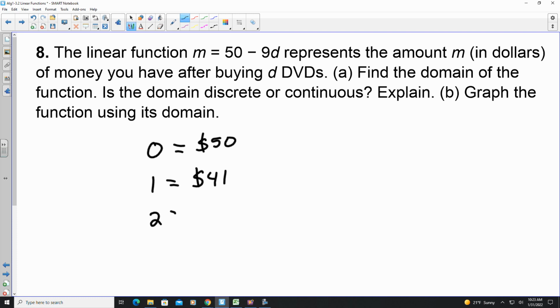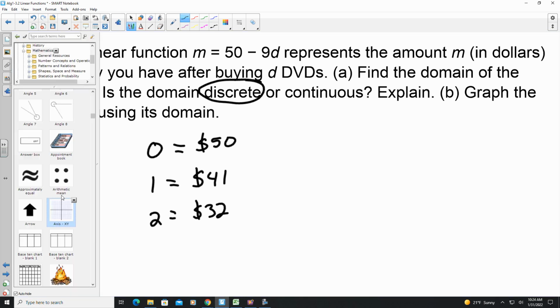If I bought 2 DVDs, so 50 minus 18 would be $32, okay? So again, you're not buying a fraction of a DVD, so this would be an example again of a discrete domain.